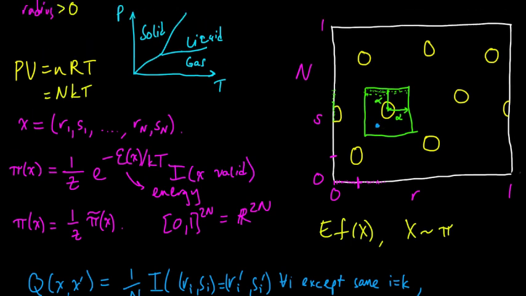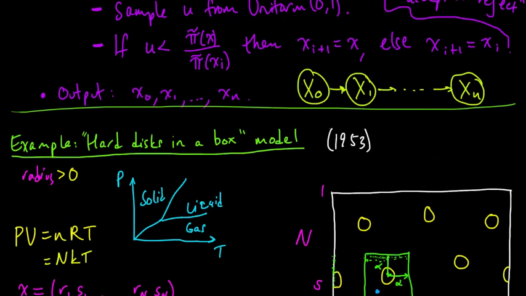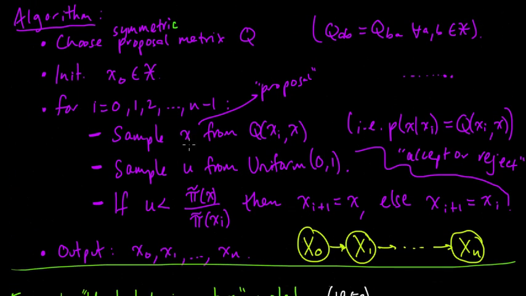So that's all the same positions, except this one here is going to be our x that we sampled. And now we need to decide whether we're going to accept or reject that proposal.